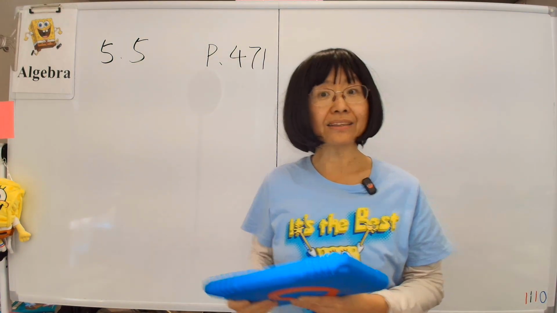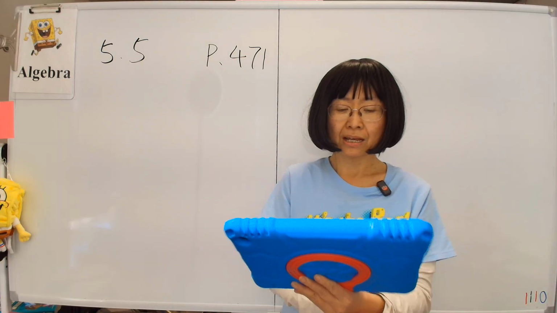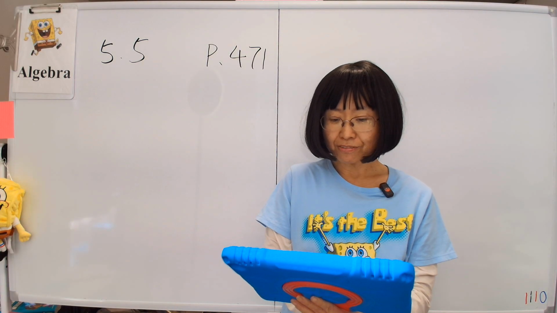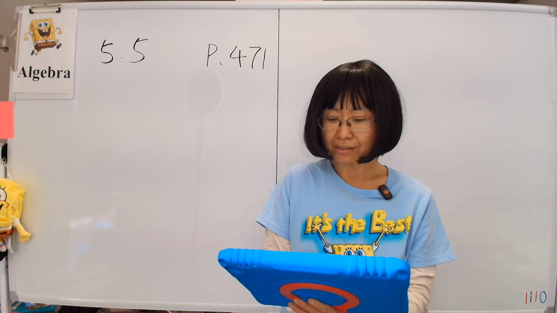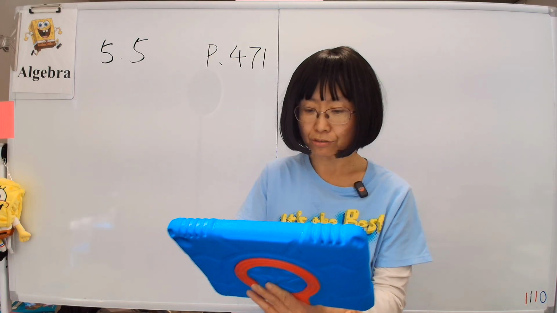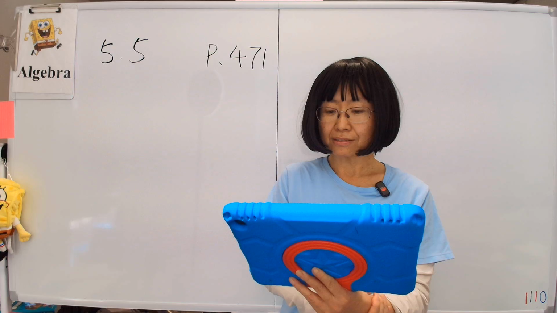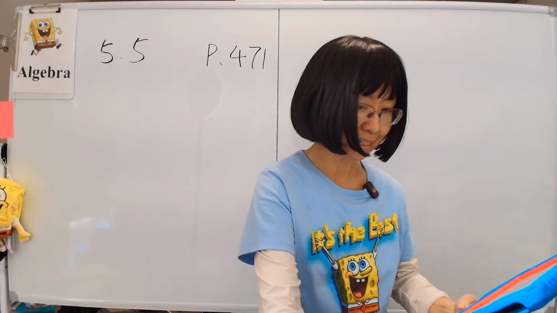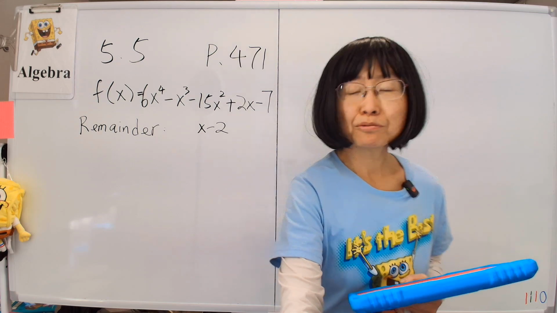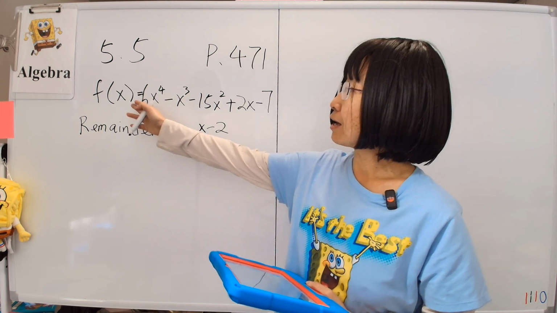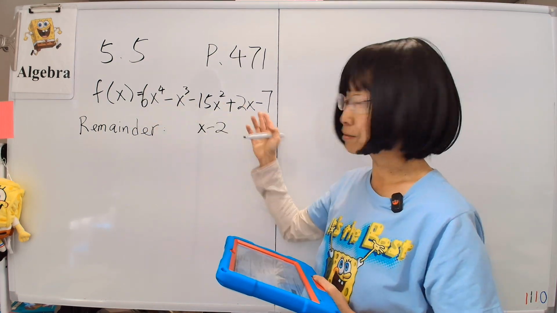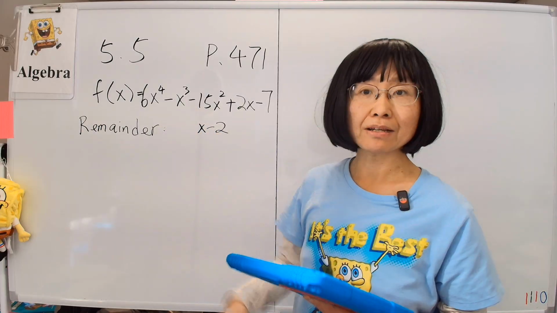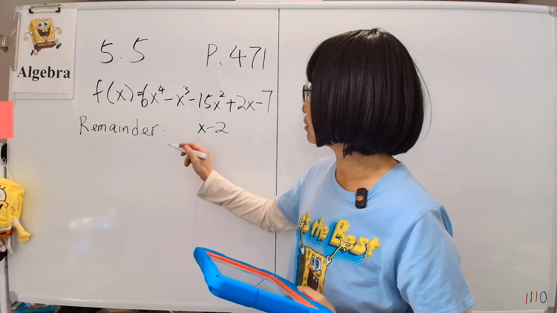Now, having said that, let's look at example 1. We need to figure out what the remainder is at x equal to 2. Let me write it down. Let's say we have a function f of x, this big long thing, and we want to divide it by x minus 2, and we want to know, what is the remainder?